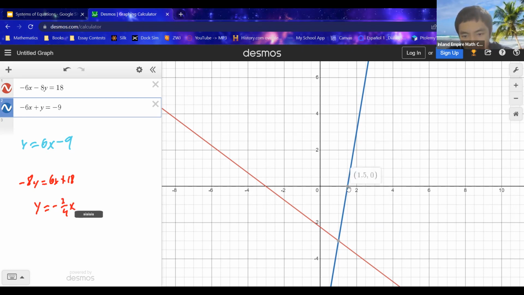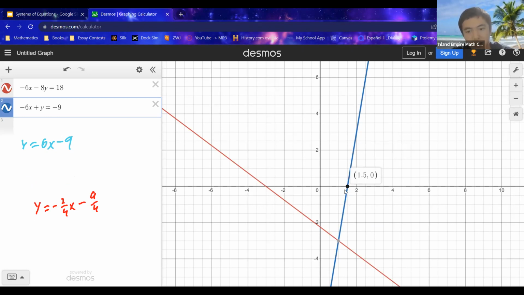For example, if you look at this point, 1.5 comma 0, that is on the blue line. That means if I plug in x equals 1.5 and y equals 0 into the blue equation, I would get a true statement. In other words, -6 times 1.5 plus 0 would equal -9.